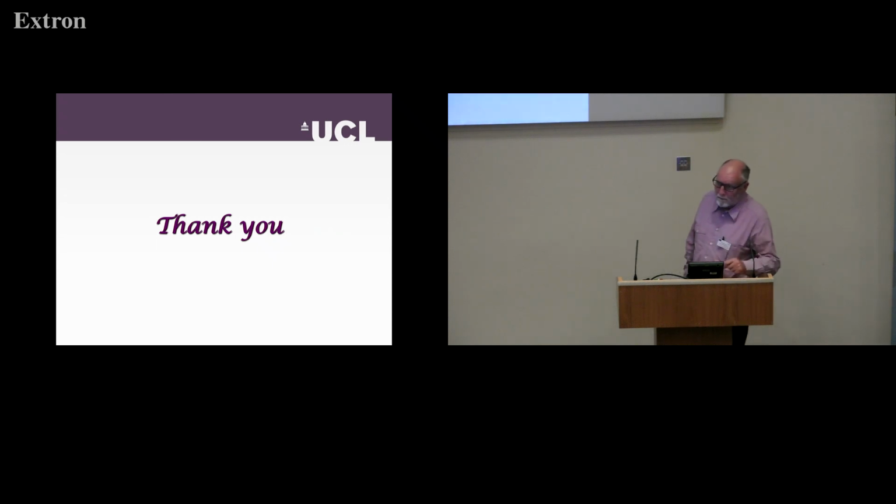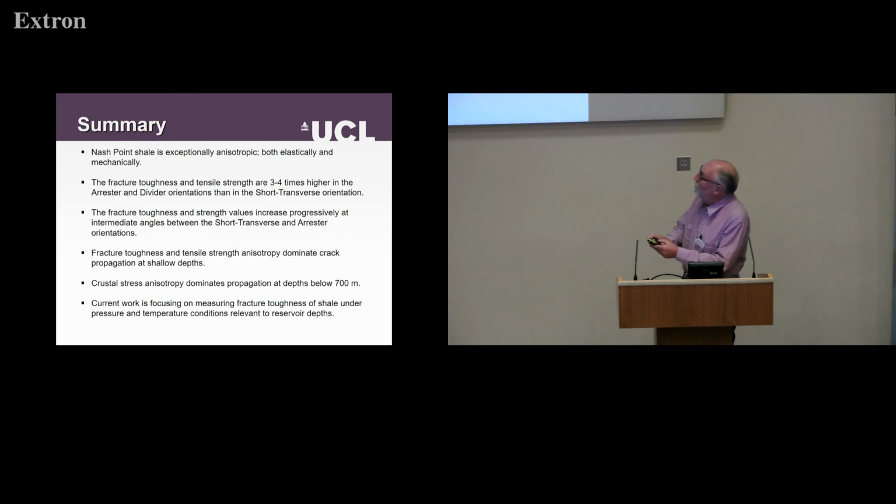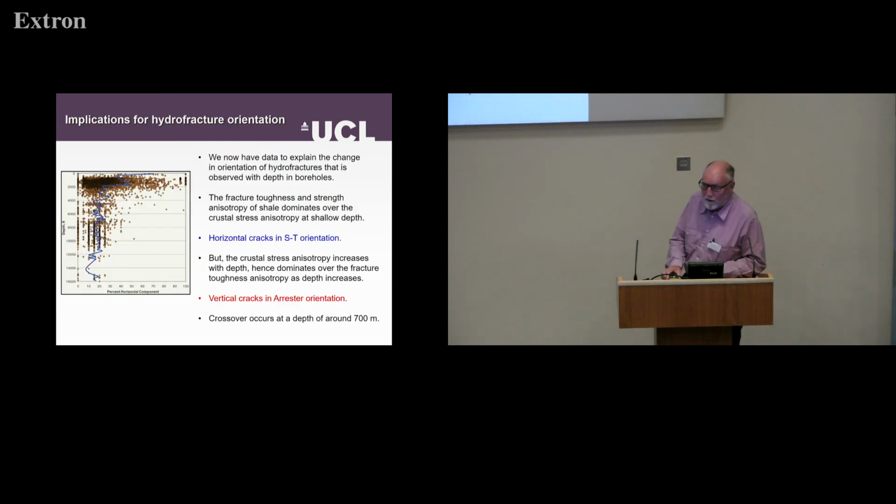Yeah. I would be expecting that if you have a more similar profile in terms of the vertical stress and the horizontal stress, that you would see the crossover at a much different depth. Yes, I think that's exactly right. So I mean, I think when you look back at this plot, there's a lot of noise.